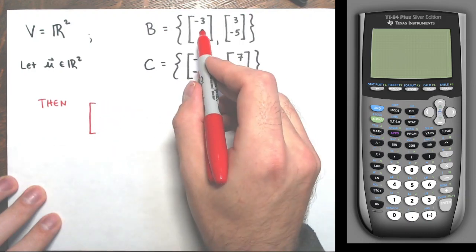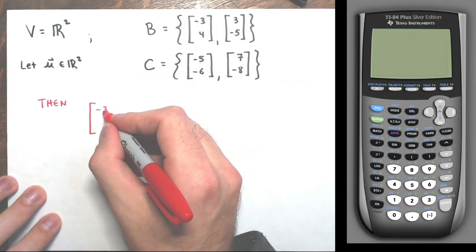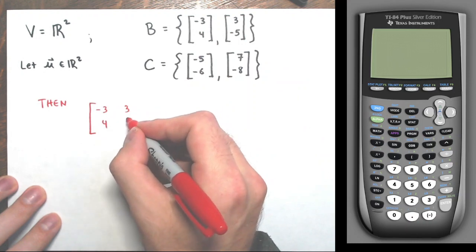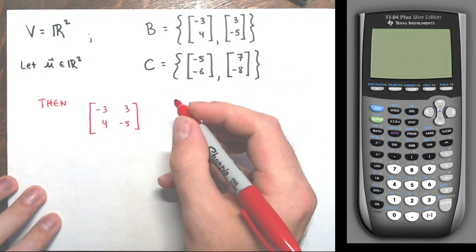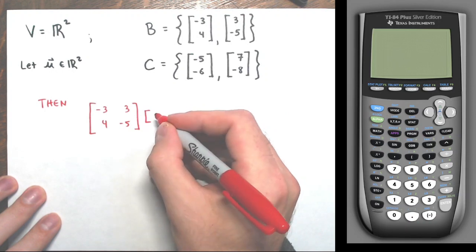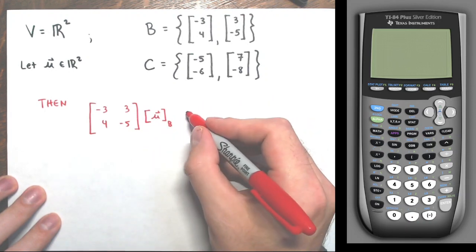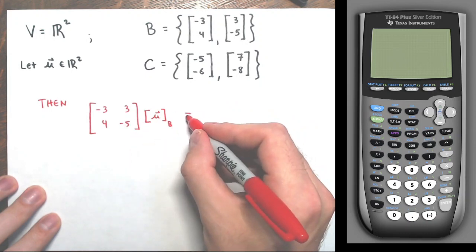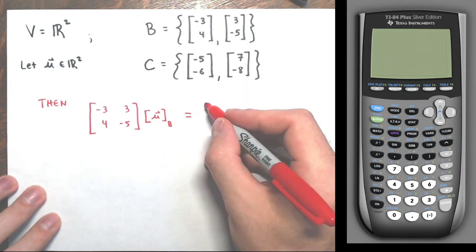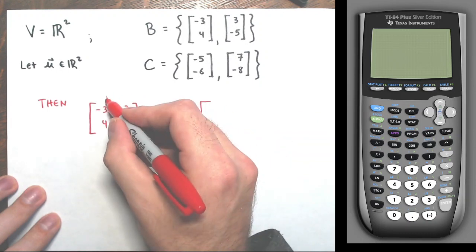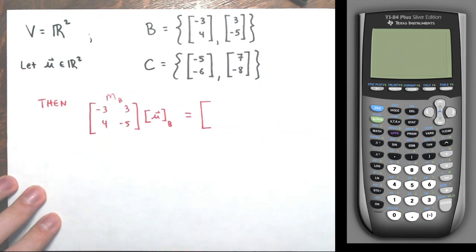If I made a matrix with these as columns, (-3, 4) and (3, -5), multiplied by the coordinates of vector u with respect to B, this product should be equal to the following. This is that MB that I was talking about on the last page.